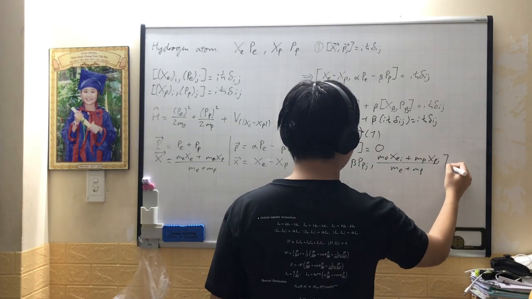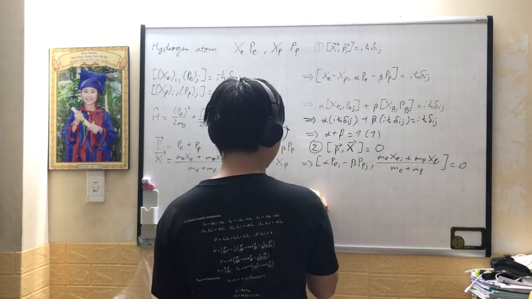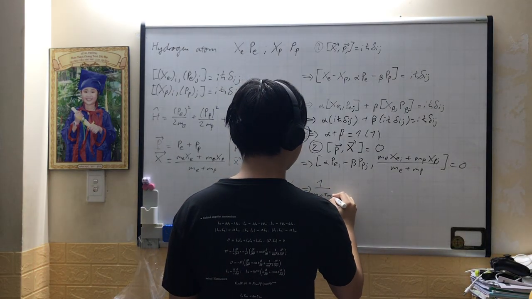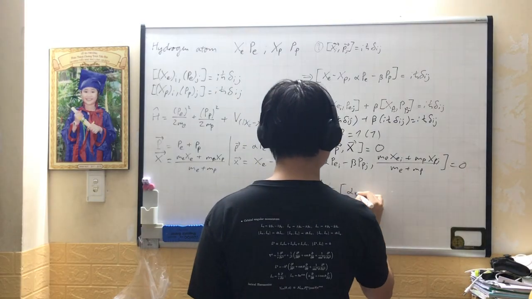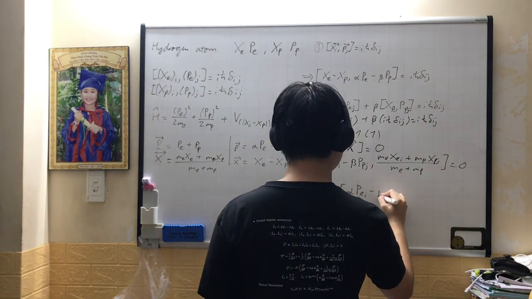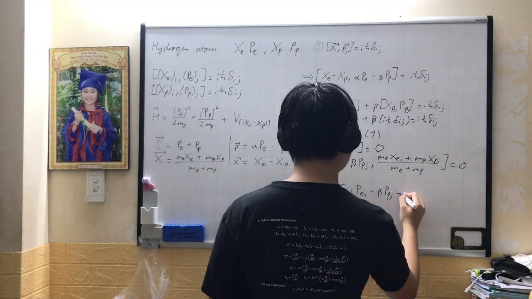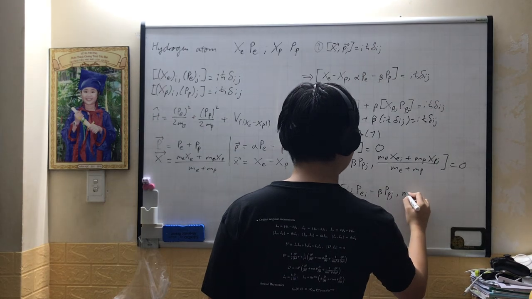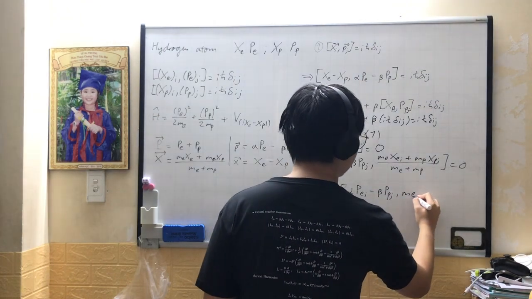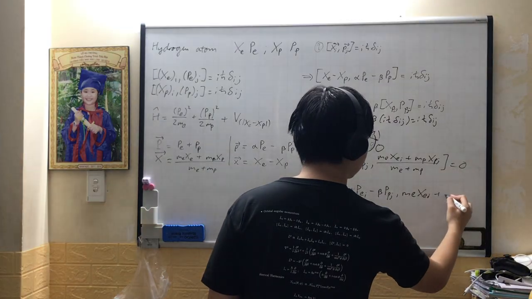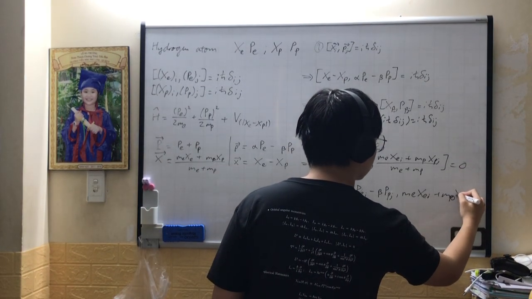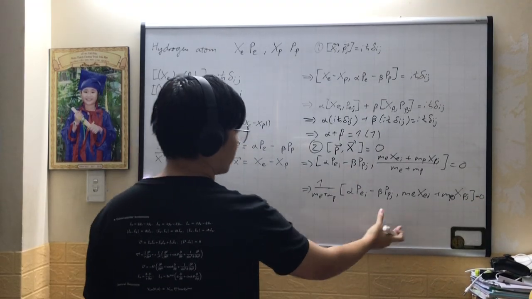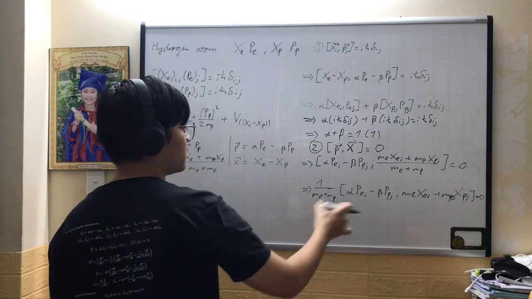You can factor out 1 over m_e plus m_p, and the alpha and beta you can also take out, but we'll finish this term, x_p,j. With this you can take this out.